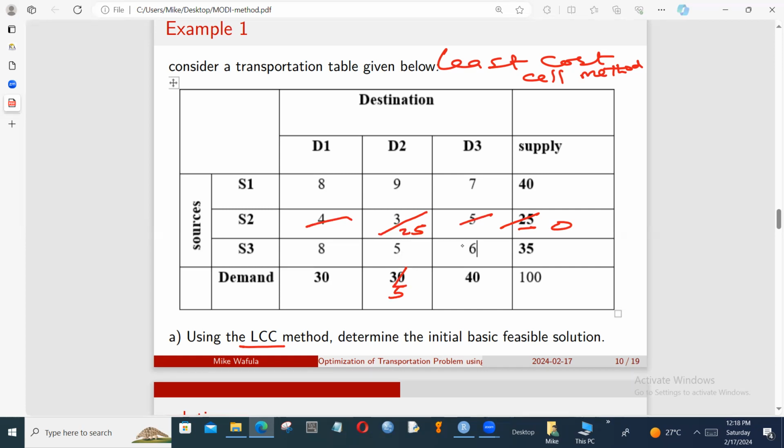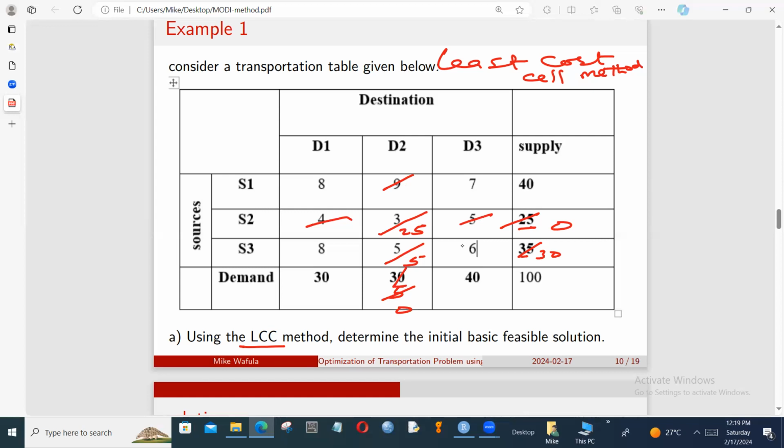Now when you consider the remaining cells with 8, 9, 7, 8, 5, 6, you realize that 5 is now the least cost. And so we compare 5 and 35. We assign 5 here so that we are able to meet the demand of destination 2. But we shall still have 30 more units that source 3 can supply.